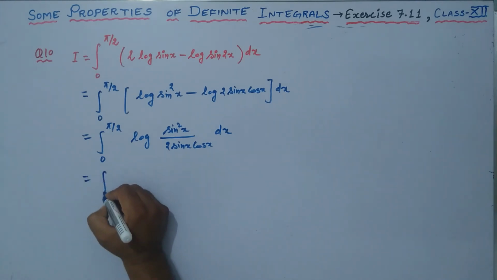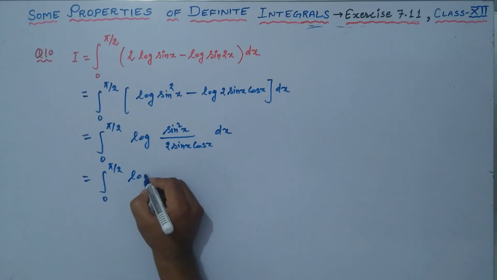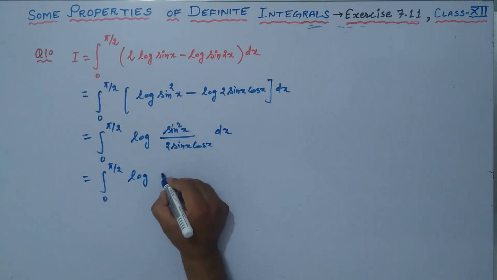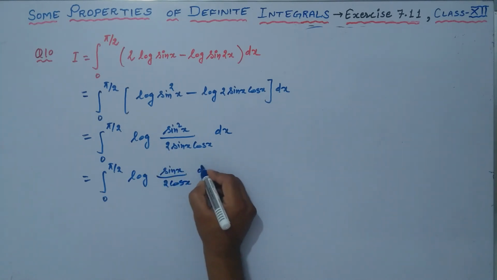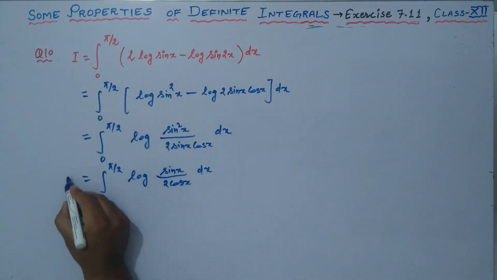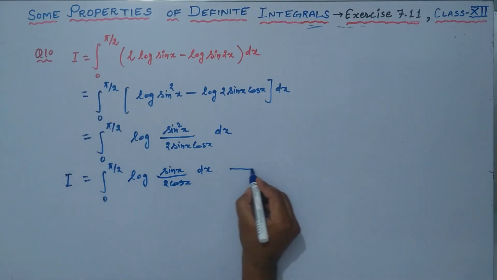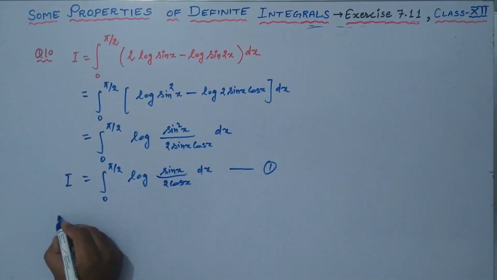This is equal to integral 0 to pi by 2 of log of sin x upon 2 cos x into dx. So I is equal to this, say this is equation number 1. So again we apply the same property.